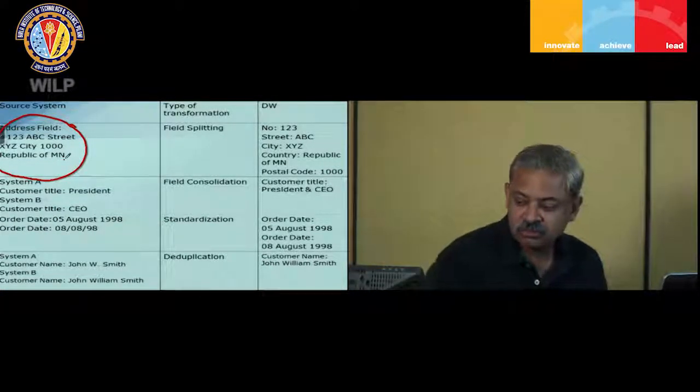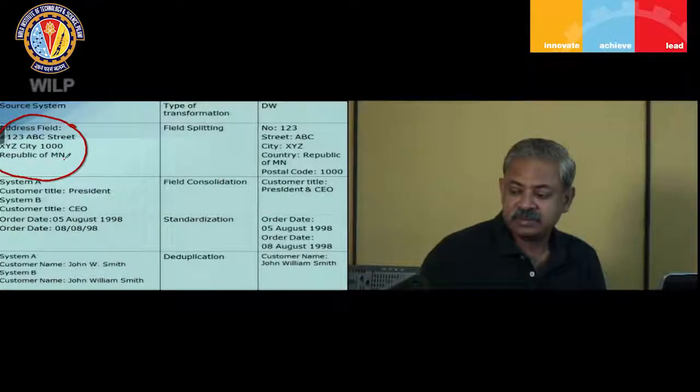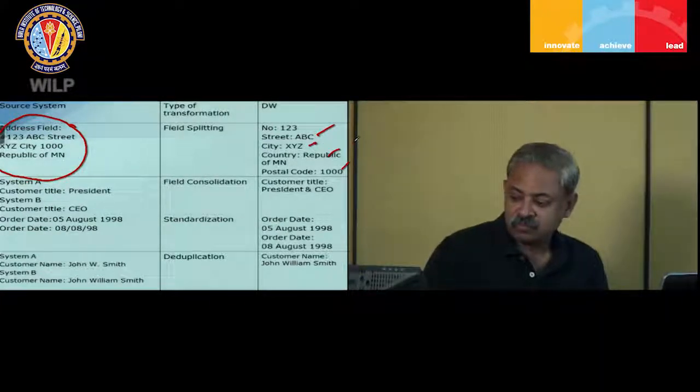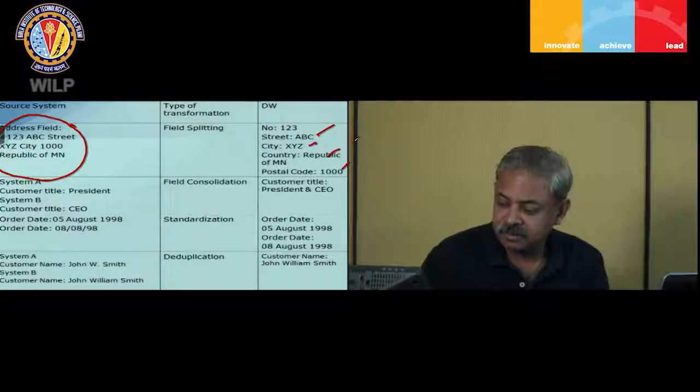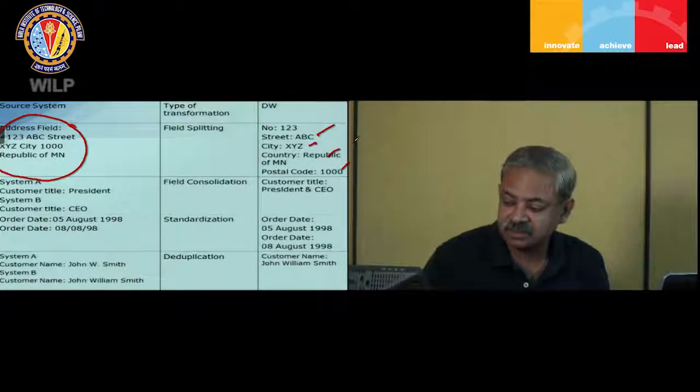What we have done is split this into four values. First is the street, so I'm saying the street is ABC, city is XYZ, country is Republic of MN, and fourth is the postal code.